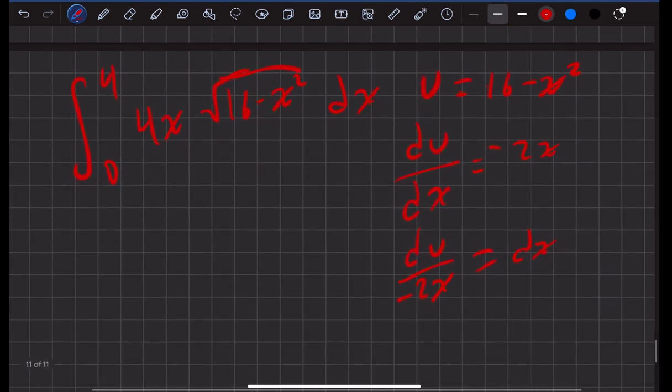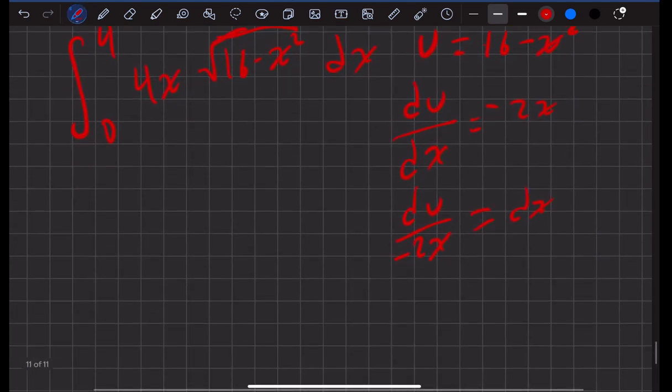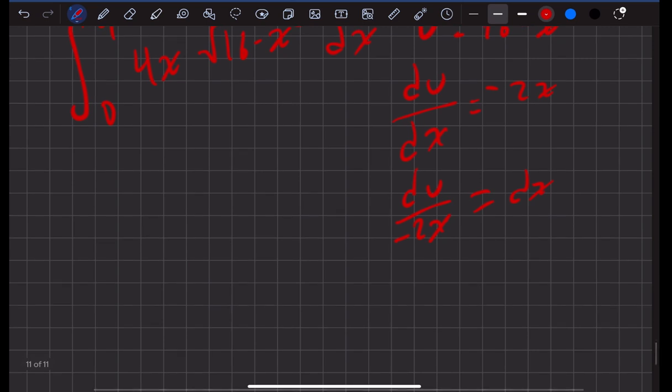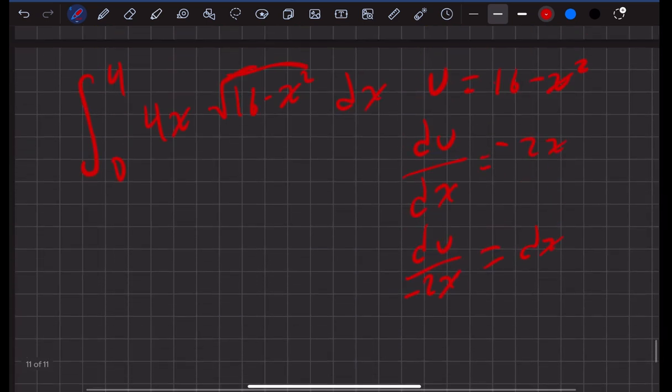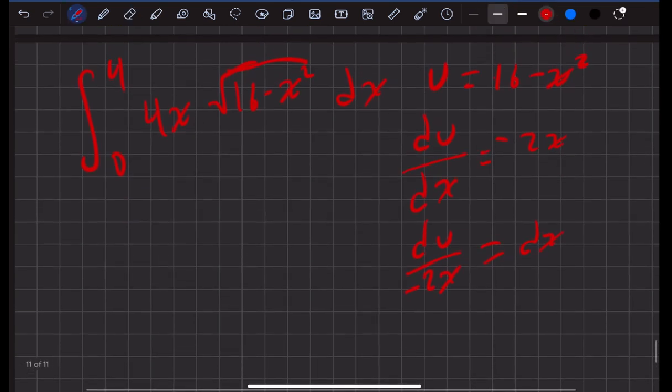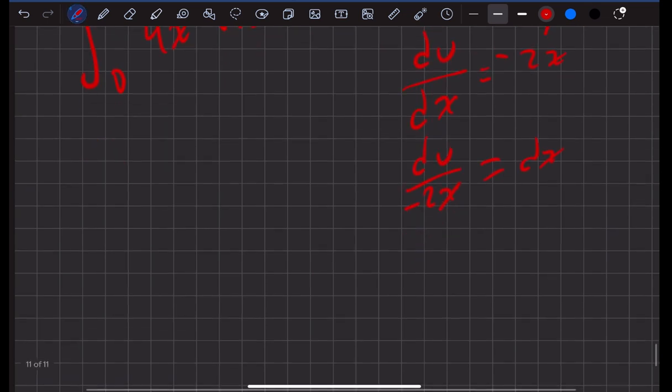Now that we have our du over dx figured out, we'll also change the limits of integration. Remember, we're just putting 0 and 4 in for x in the u we decided on.